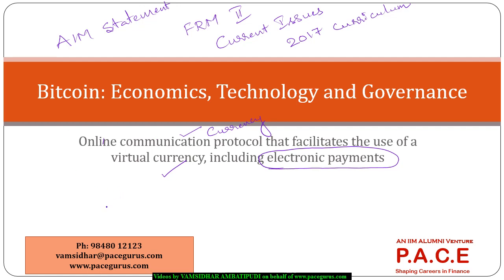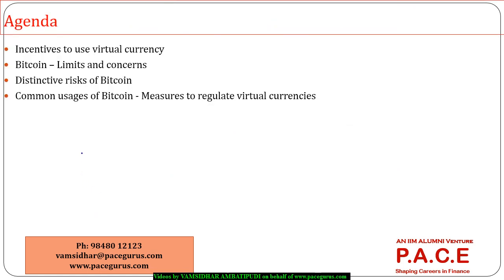So we would like to read through this article and try to see how Bitcoin has really facilitated this virtual currency scenario, how we can do electronic payments using Bitcoin, but at the same time, what are the various risks that are involved in the usage of Bitcoin.